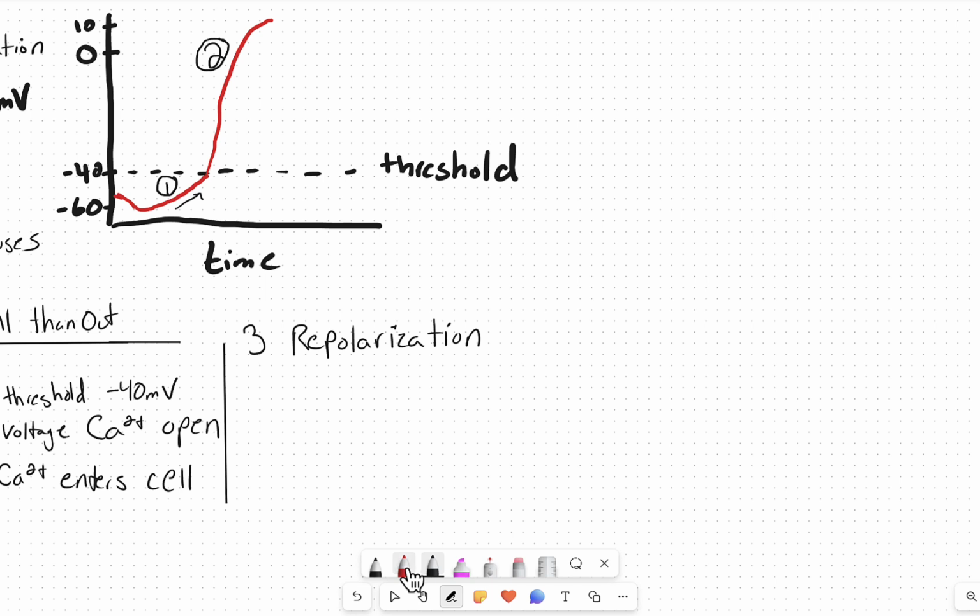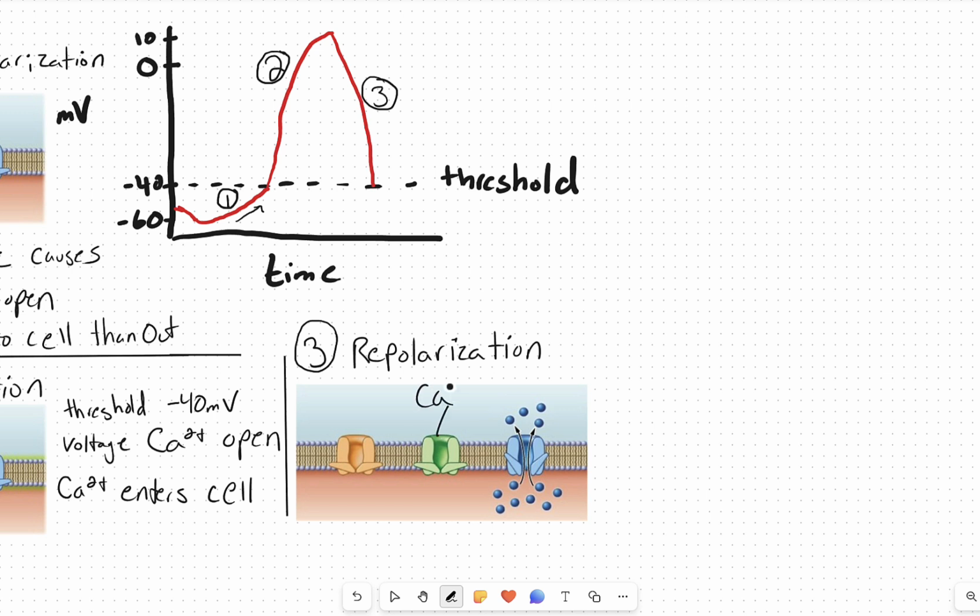The next step is called repolarization. The maximum membrane potential is about 10, and after about 10, the membrane potential begins to drop back down towards that threshold, which is called repolarizing. The calcium channels actually just close with time. So once they've been open for a certain amount of time, they begin to close, and so now calcium can no longer come into the cell. And when we reach those higher voltages of about 10, the voltage-gated potassium channels, which are the blue channels in the picture, are going to open.